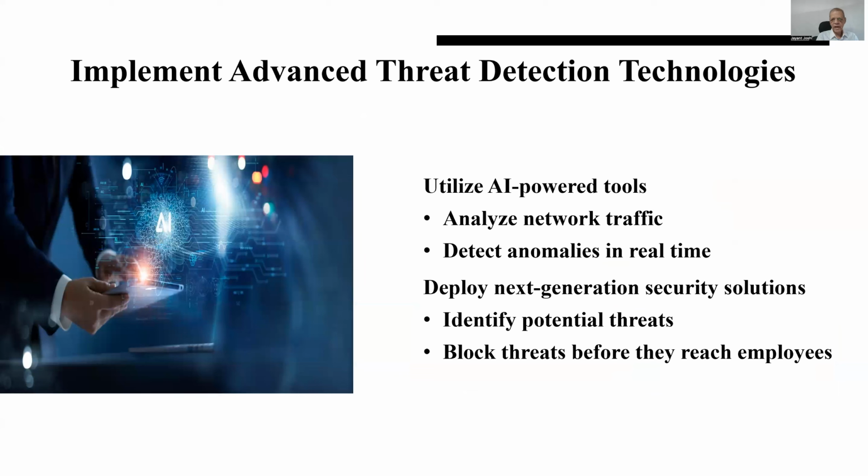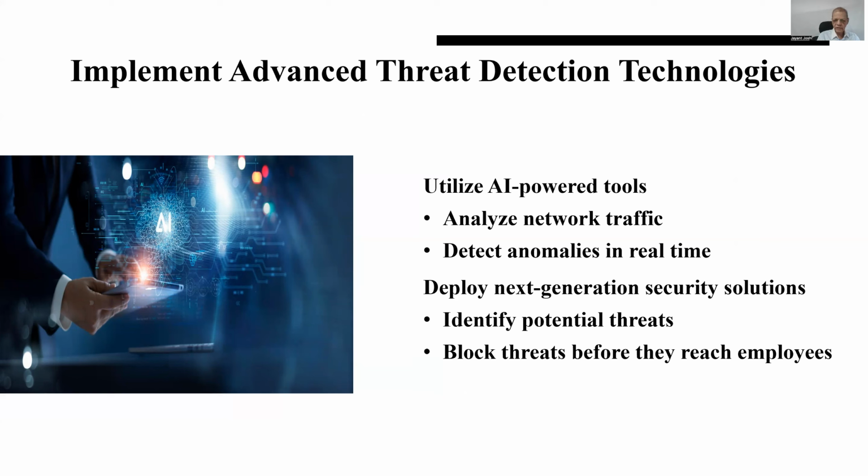Now, implementing advanced threat detection technologies, you have to consider AI-powered tools. Artificial intelligence helps in identifying, detecting, and nullifying those risk factors. So you have to analyze network traffic and network security, and detect if any anomalies are found on a real-time basis.